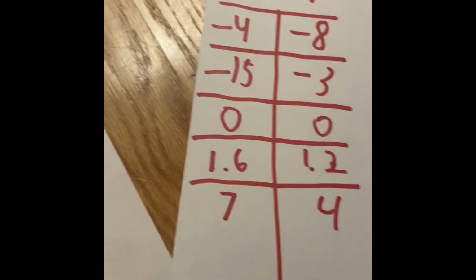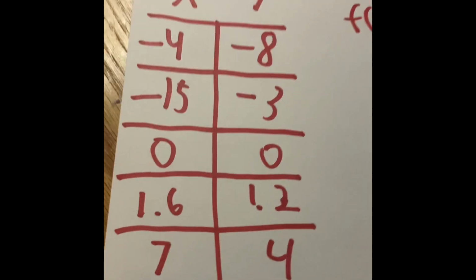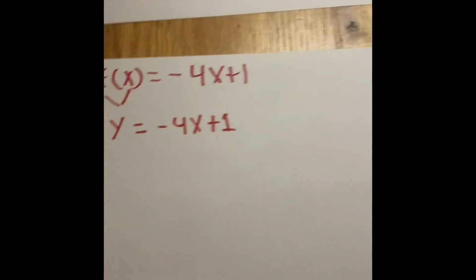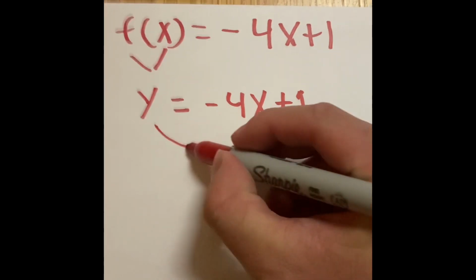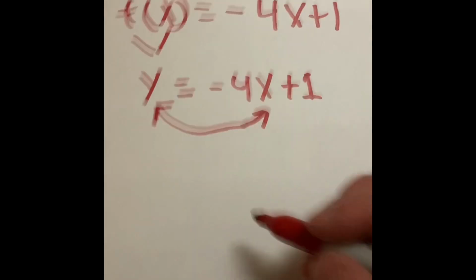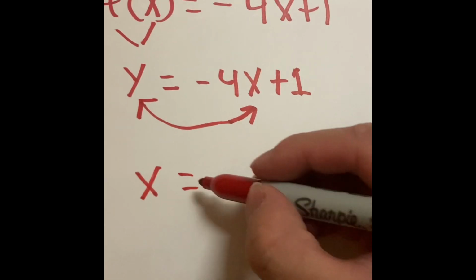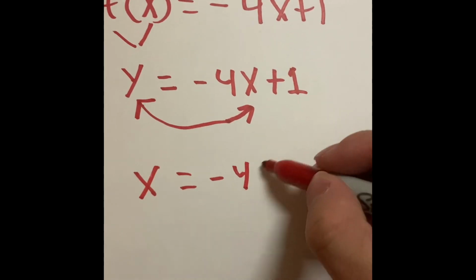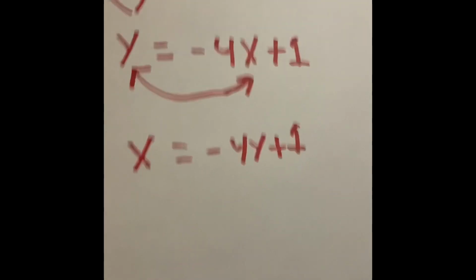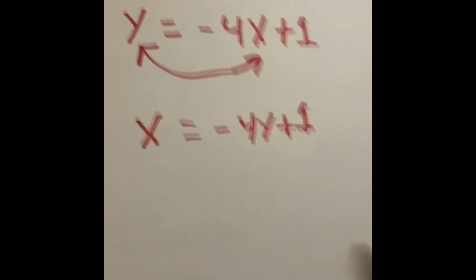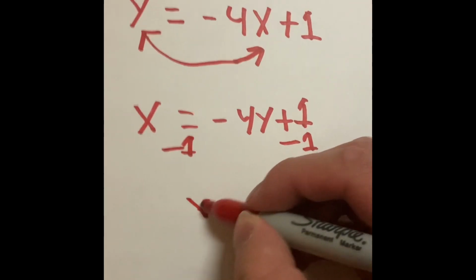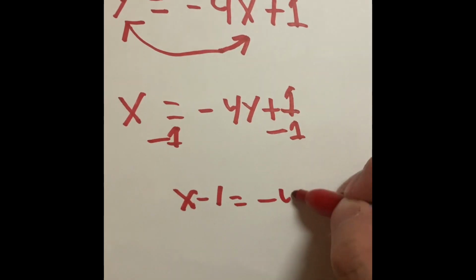We still have to understand what just happened. Remember how we said that whatever you put in for x and y is reversed in the inverse function? Well, we have to do that to this too. So x and y switch places. So x is going to equal negative 4y plus 1. We have to get that y alone. So subtract 1: x minus 1 equals negative 4y.